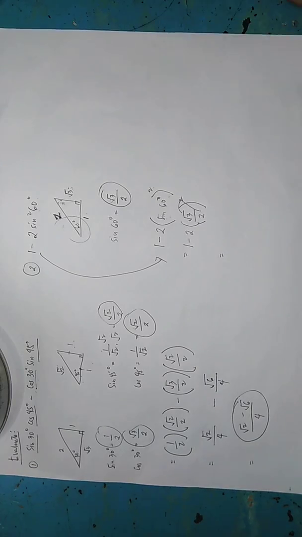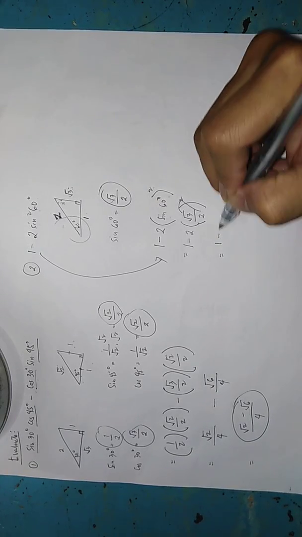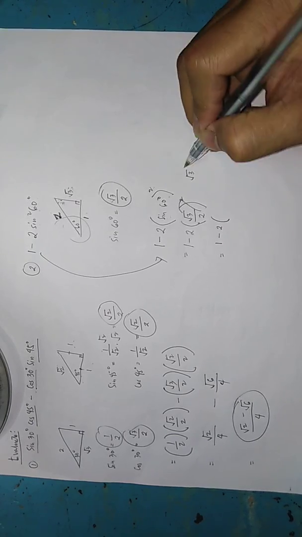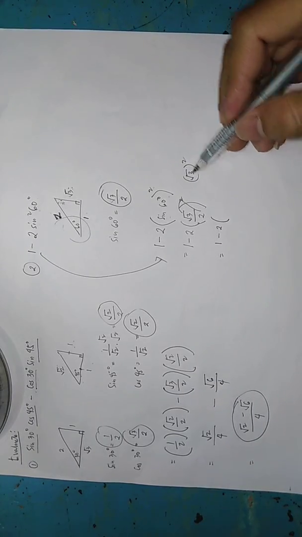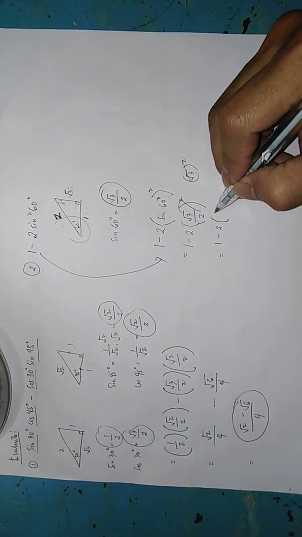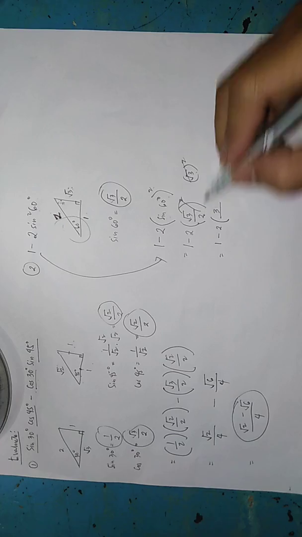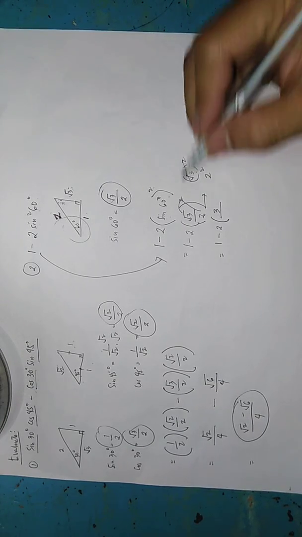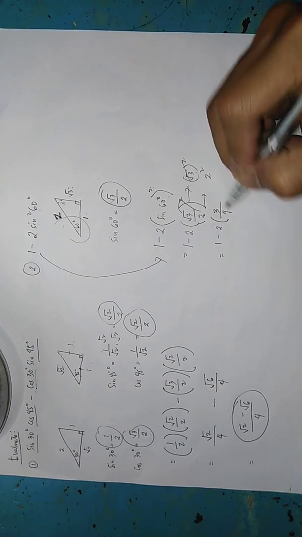What's the next part? 1 minus 2 times square root of 3 squared over 2 squared. Let's separate the solution. When you square the square root of 3, the square root cancels, and the answer is just what is inside, 3. Next, the denominator: what is the square of 2? Yes, that is 4.